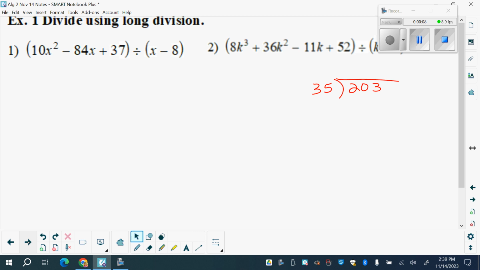Okay, so you don't have to write this down, but I'm going to go ahead and just do a division problem because I know some of you are division averse. So we want to divide 35 into 2003 or 203. Where do we start?